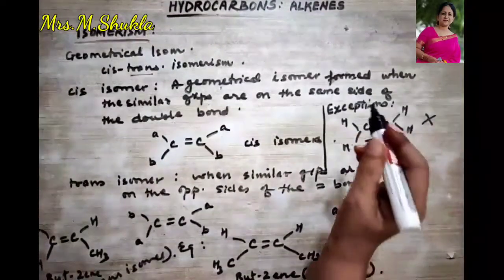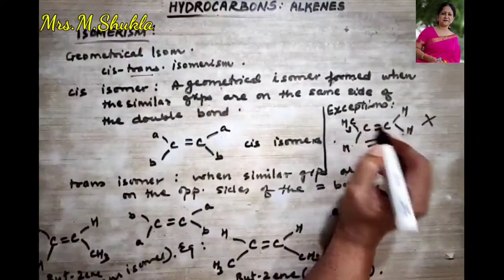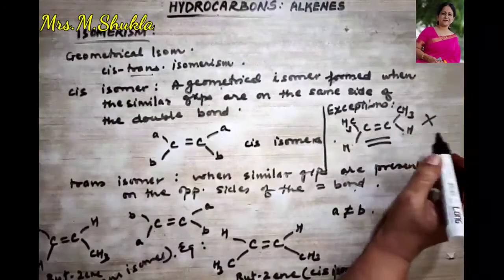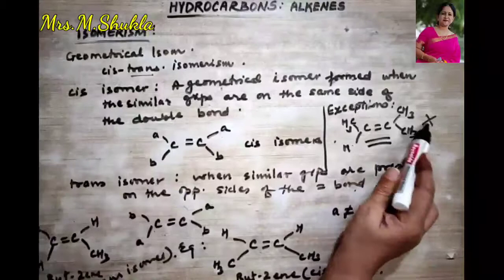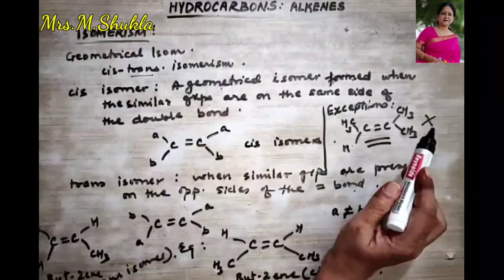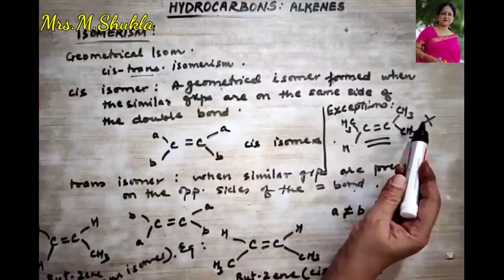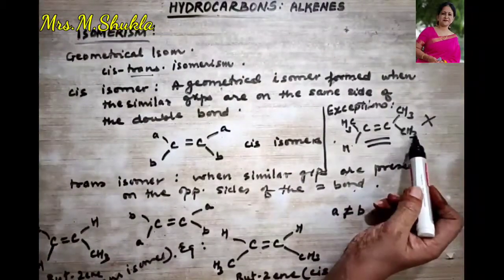Okay. Now let me give you another example. Over here only, if I write CH3 and this becomes CH3, this is also CH3. Now, do you think this is going to show you cis or trans isomerism? No, because if you see over here, this neither follows AABB, isn't it?